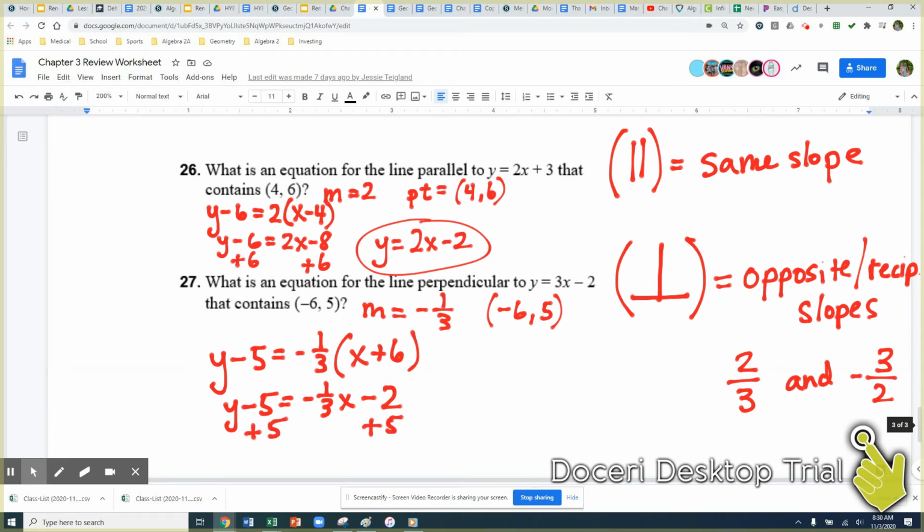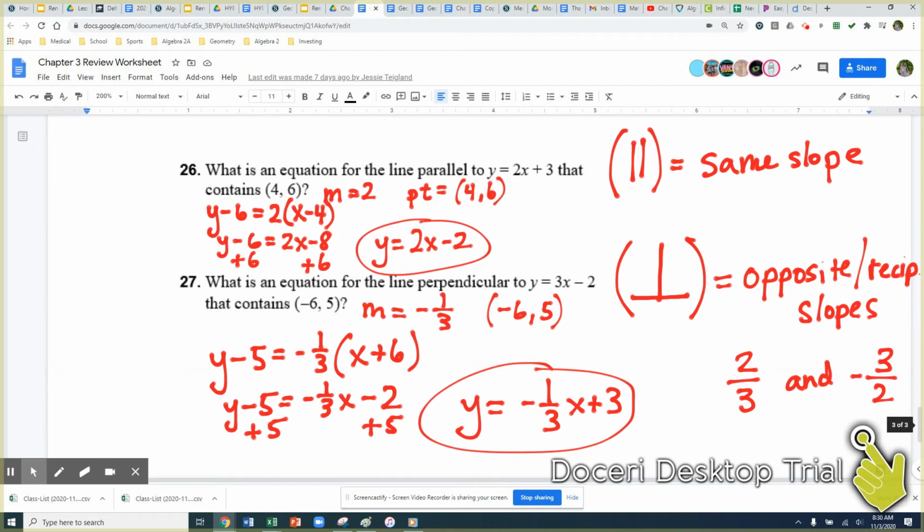Plus 5, we'll get y is equal to negative 1/3 x plus 3. So there's my slope-intercept form. Again, my 2 steps: distribute the negative 1/3, get my y term moved over. Now I'm back in slope-intercept form.